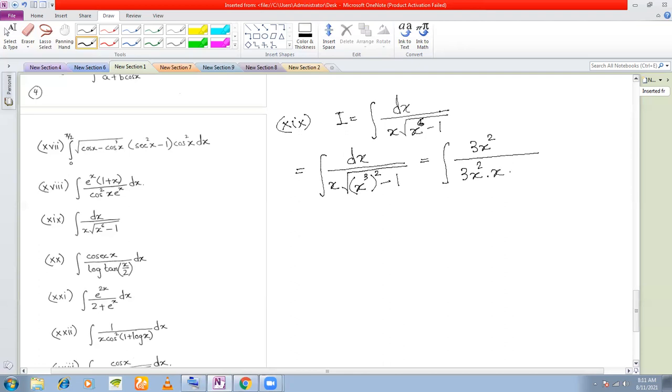So therefore this integral becomes 3x square divided by 3x cube root x to the power of 6 minus 1 dx. Now let's write this as x cube whole square.